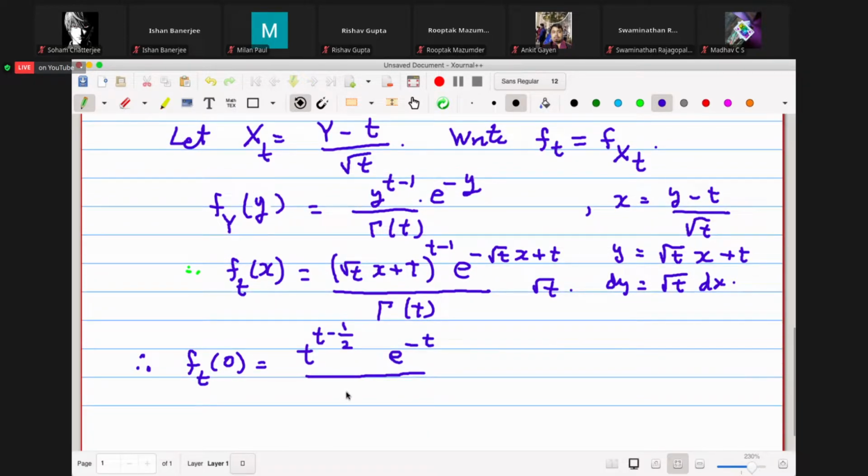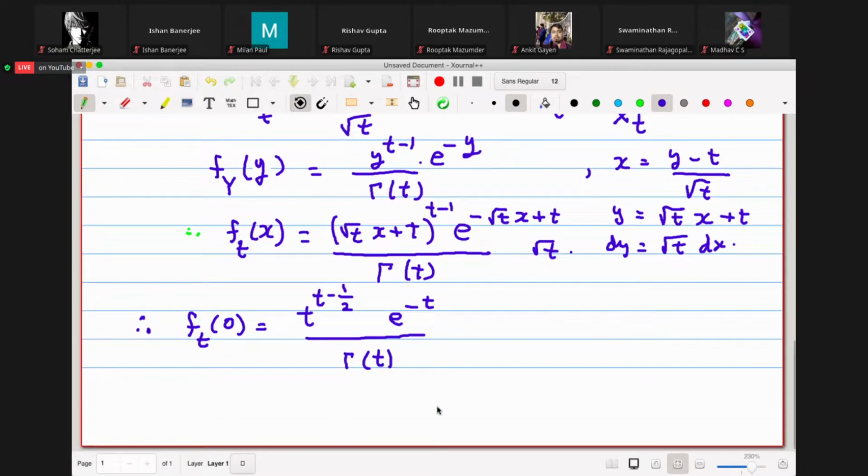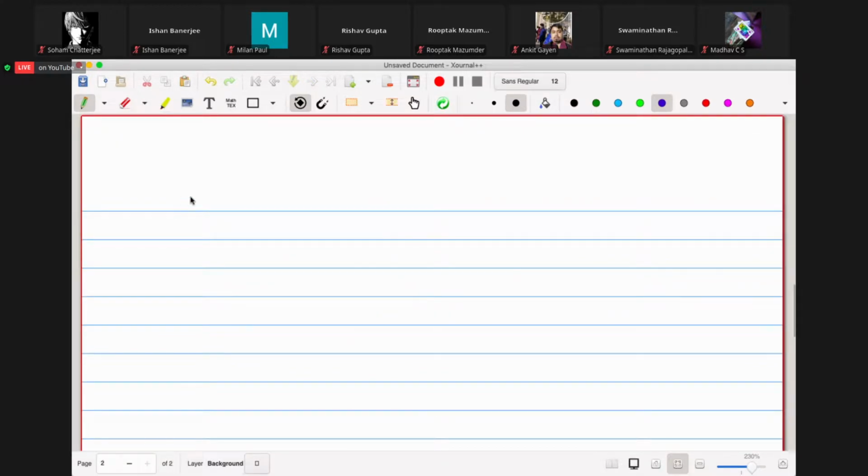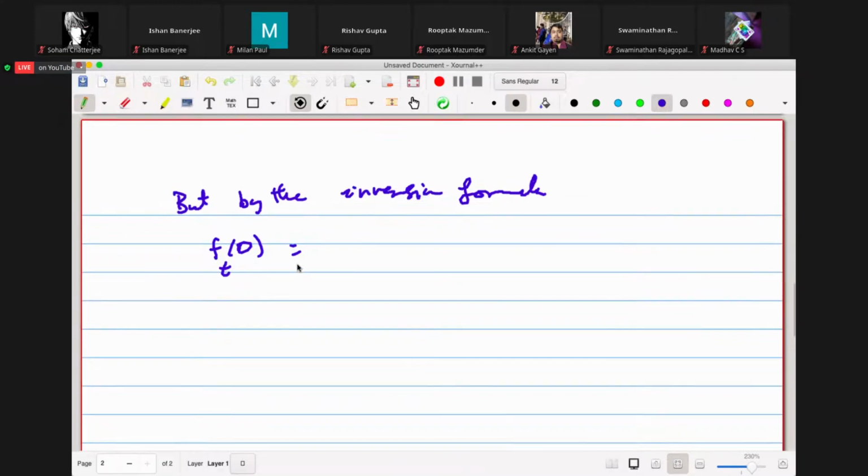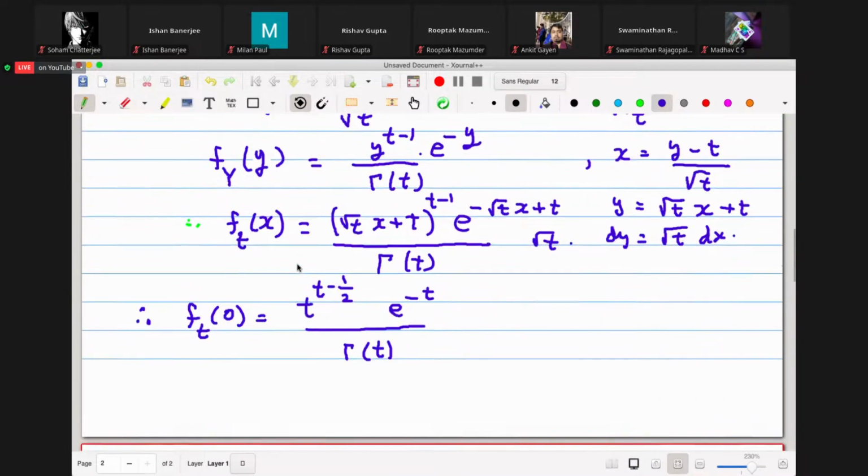Gamma of t. On the other hand, by the inversion formula, f_t of 0. Before you apply, you have to check the appropriate condition, namely that you see f.